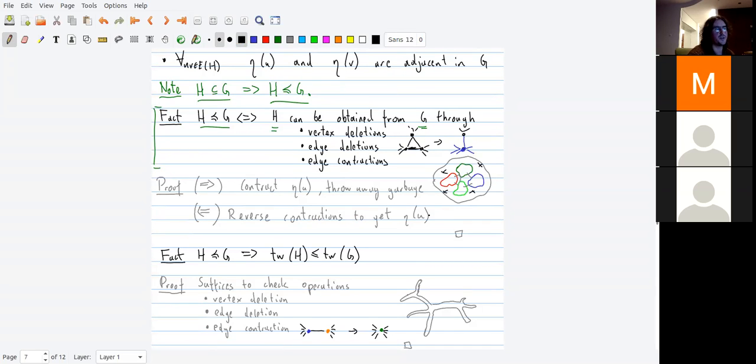On the other hand, if you have this contraction sequence that yields my graph H, for instance, the graph H looks like that. You can now think of undoing the contraction. For instance, at the last moment, this vertex was obtained from contracting two vertices. So the situation might have looked like that.